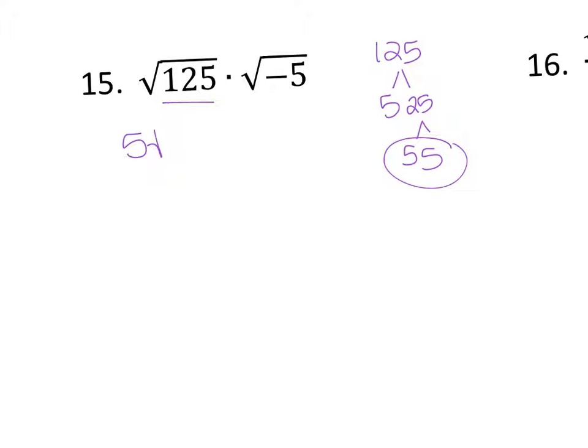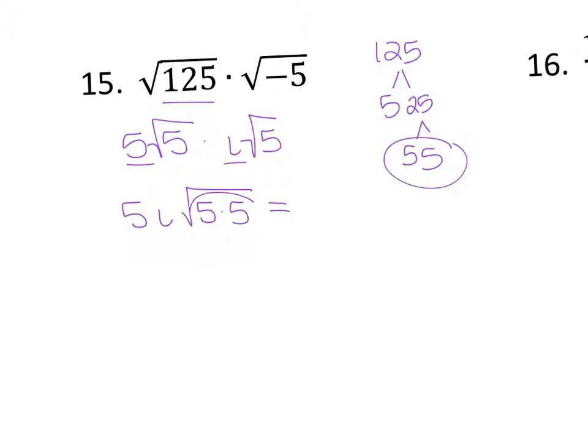So I'm going to have 5 square root 5, and square root of negative 5 is actually i square root 5. So multiply our outsides and multiply our insides. I'm going to have 5 times i, and then square root of 5 times 5. Well, my 5's can come out. So then I'm going to have 5i times 5, which can be reduced to 25i.